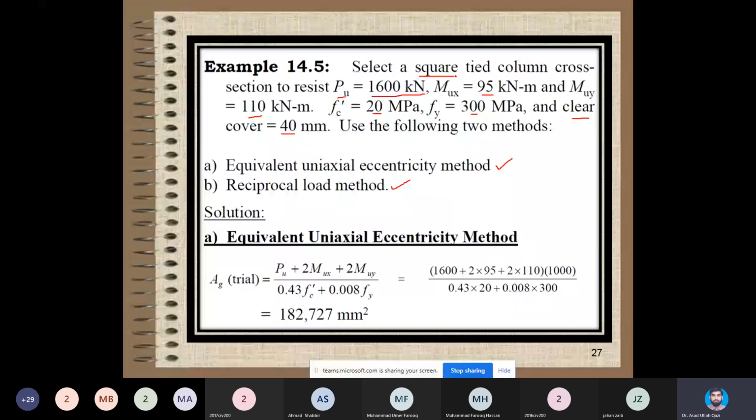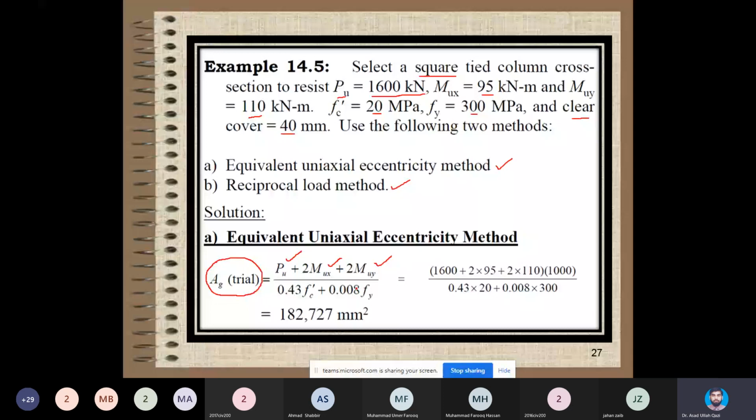And I have shared with you this approximate equation in your PRC1 for tied column and for spiral column as well. Now here, since we have a biaxially loaded column, in the numerator both moments Mux and Muy are present along with the axial load, and I will be calculating based on this equation what is the gross area required.